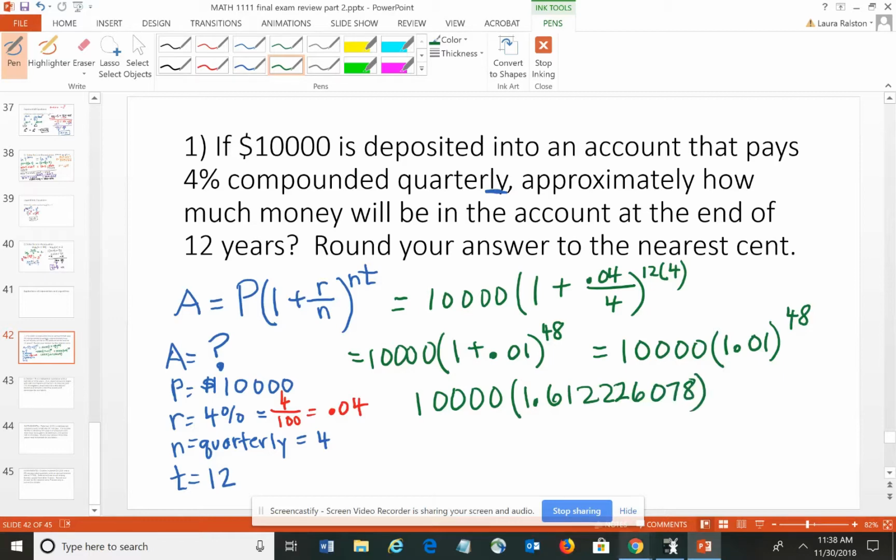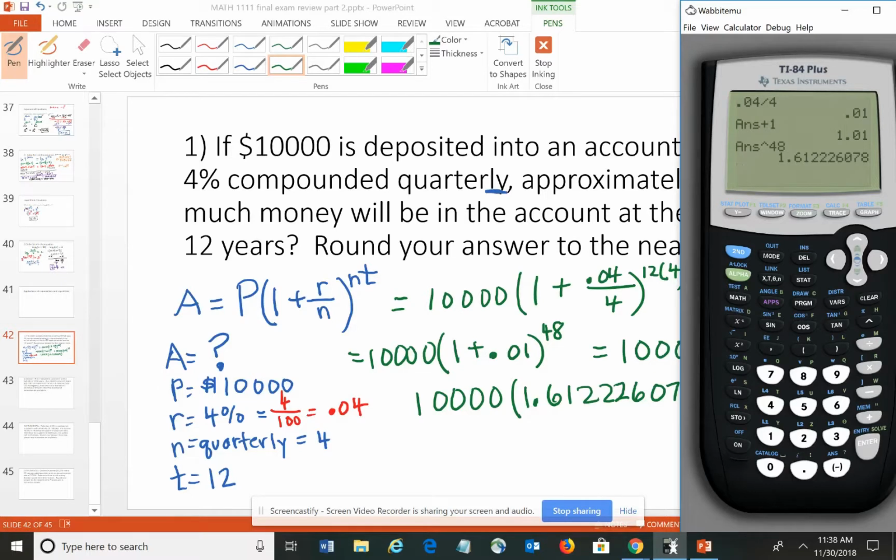Then we're going to multiply that by 10,000, equals, and we get $16,122.26. See, it does say round to the nearest cent, so that would be 2 decimal places.